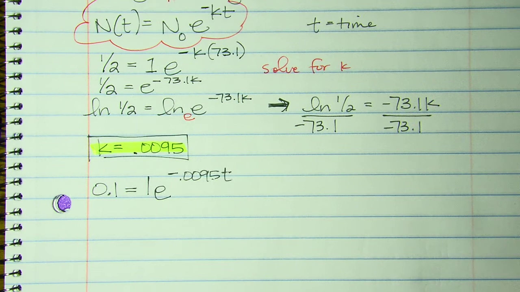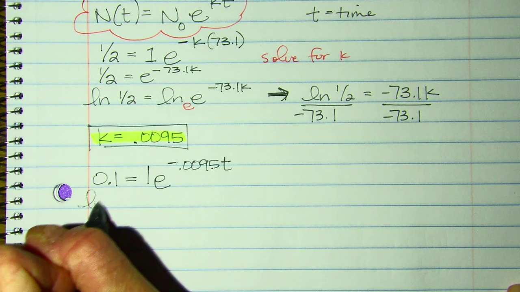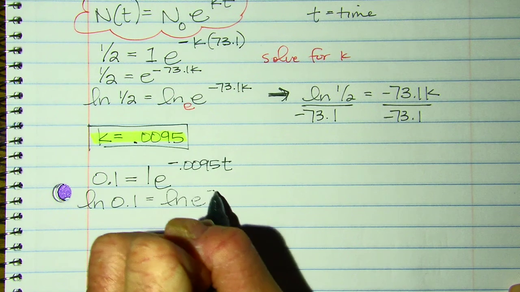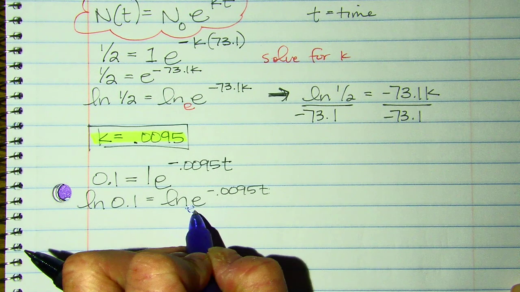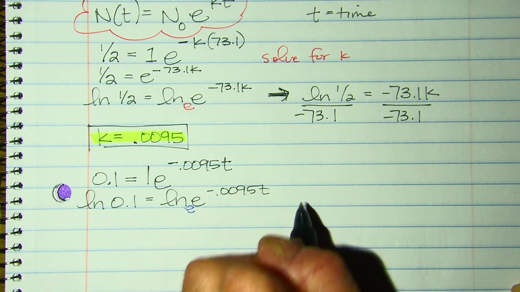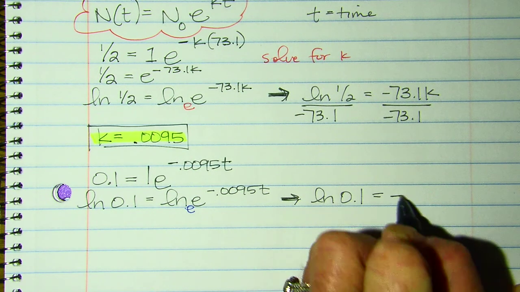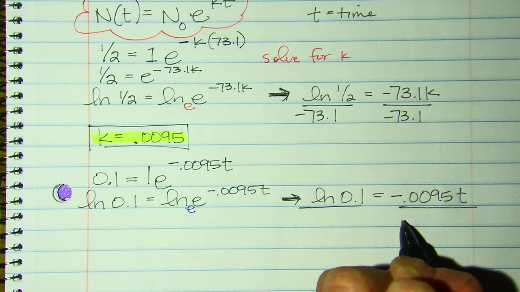We're going to solve for t in the same way we solved for k. So I'm going to take the natural log of both sides. This has an invisible base of e, so now I have the natural log of 0.1 equals negative 0.0095 t, and we would divide by that decimal.